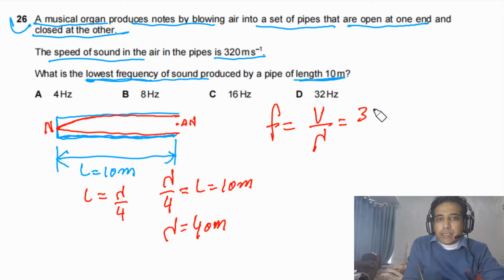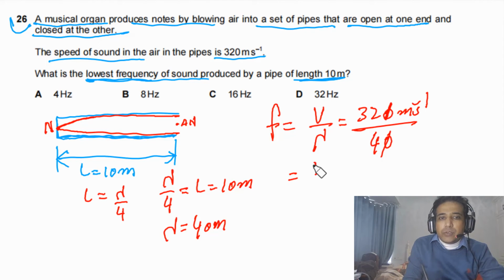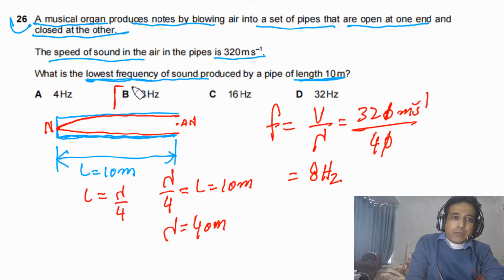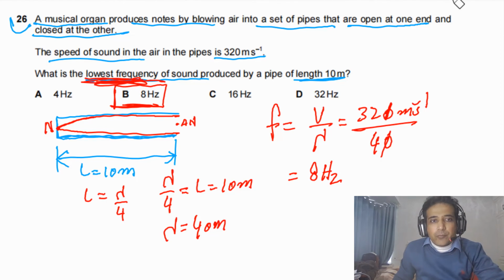Value of V is given, that is equal to 320 meters per second. Value of lambda is equal to 40. So we can simplify, we can cancel this 0 with this 0, so we got 8. So this one is the lowest frequency, so the answer for this question has to be B. So it's very important, question is asking you the lowest frequency.